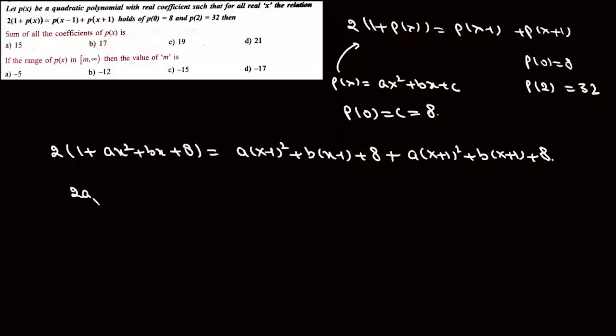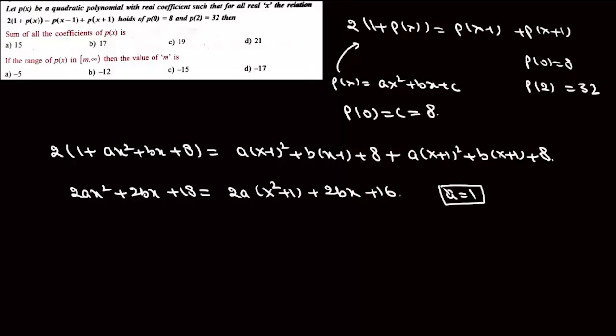So we'll get 2ax square plus 2bx plus 18, and it'll be equal to 2a x square plus 1 plus 2bx plus 16. Now we compare their constant part, we'll get value of a as 1.